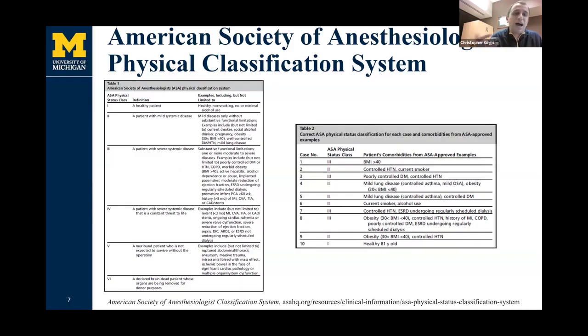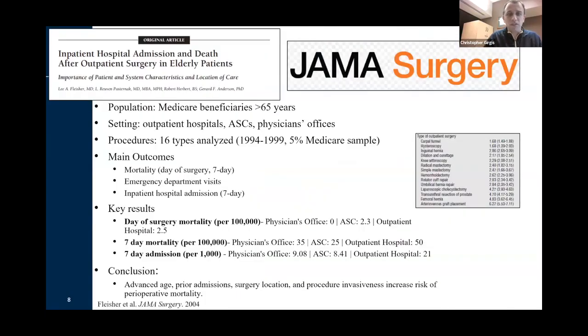Also, if these patients have a higher ASA, it's going to be really important that we optimize them prior to surgery. This was a really interesting study that evaluated the perioperative mortality of elderly patients.